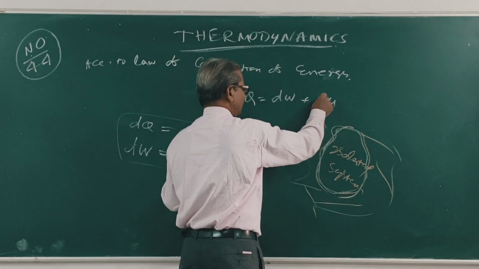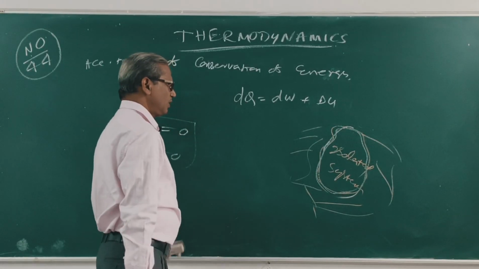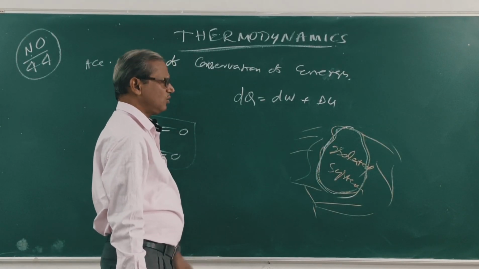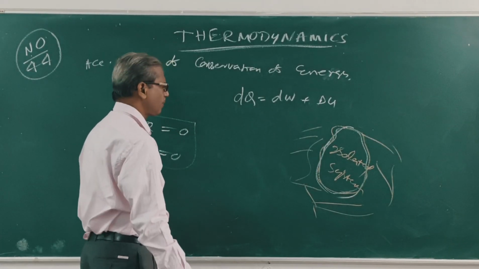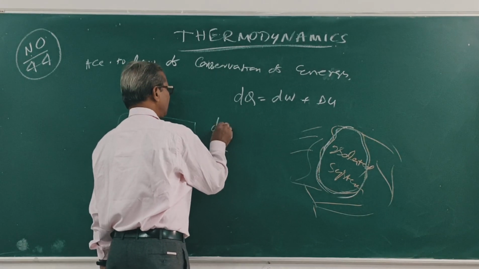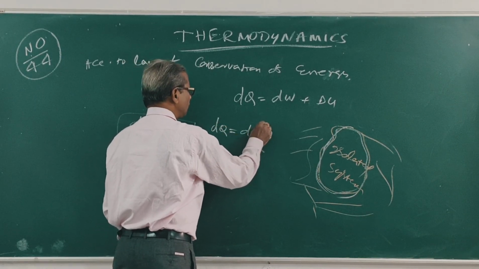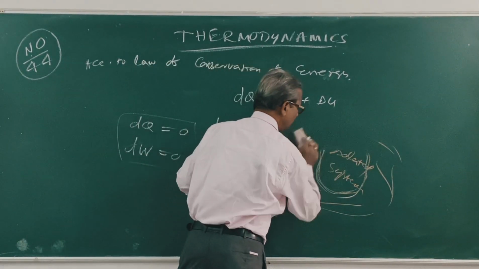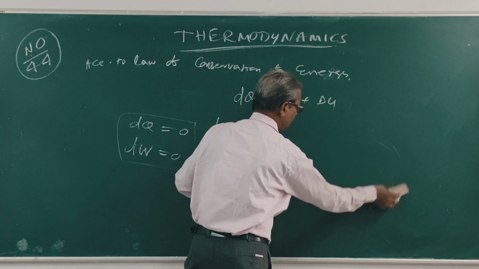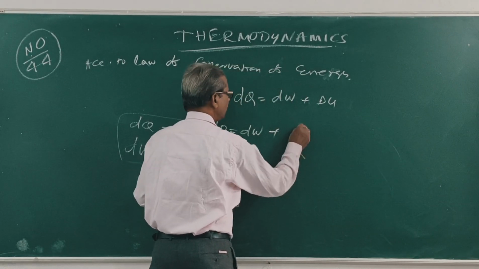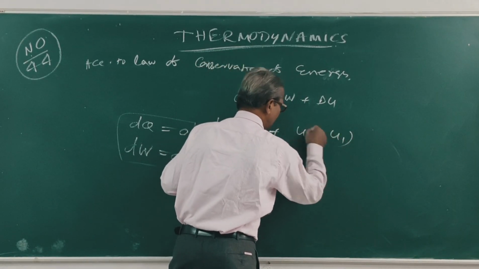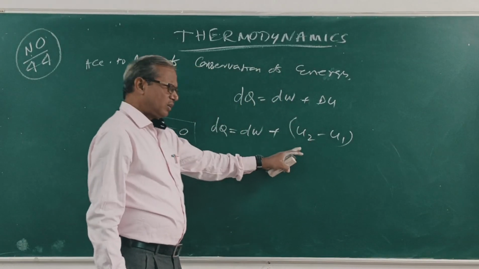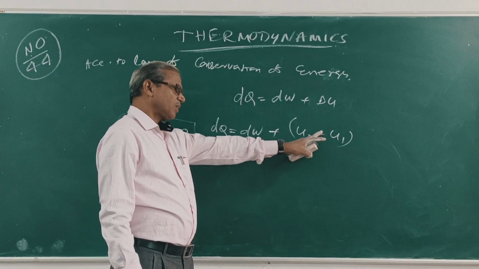Clear? But what is dU? It is U2 minus U1. This implies dQ is equal to dW plus U2 minus U1. What is U2? Final internal energy. What is U1? Initial internal energy.